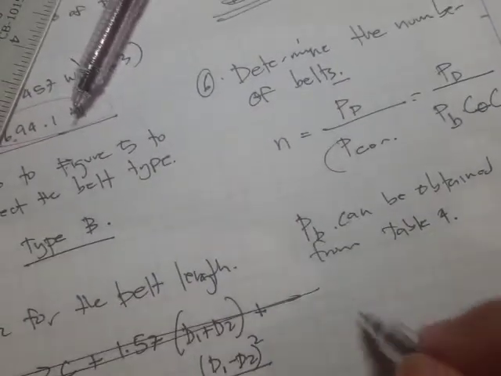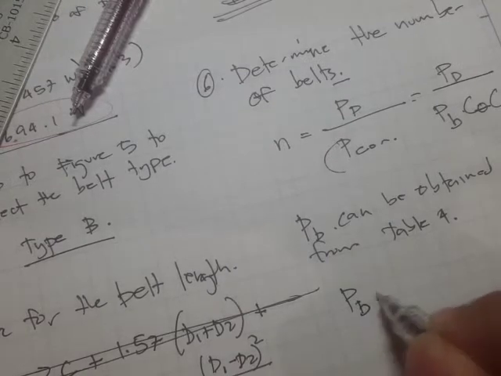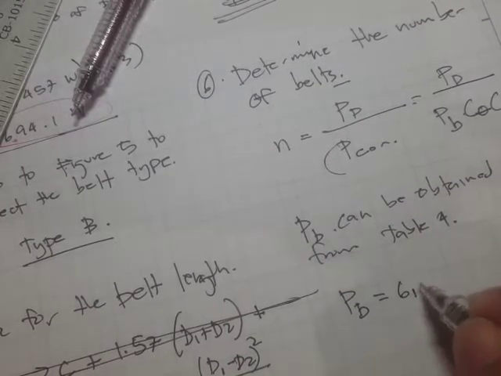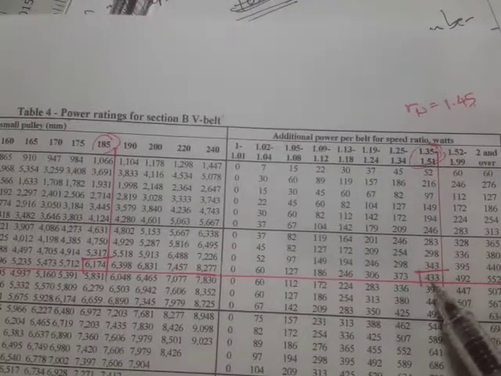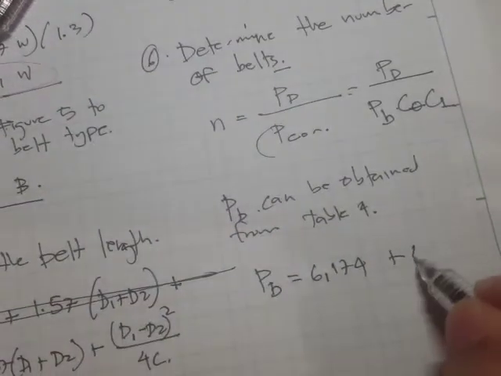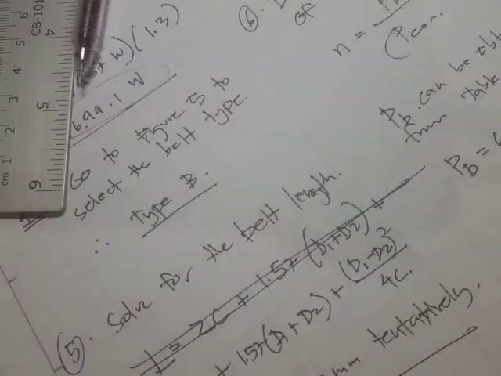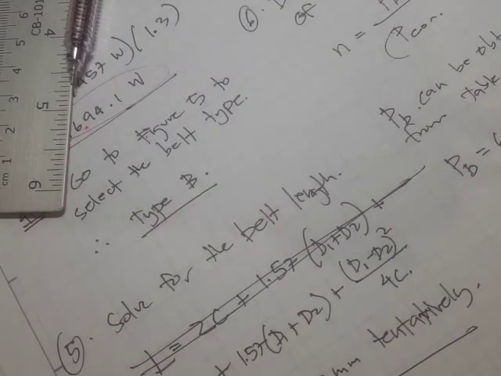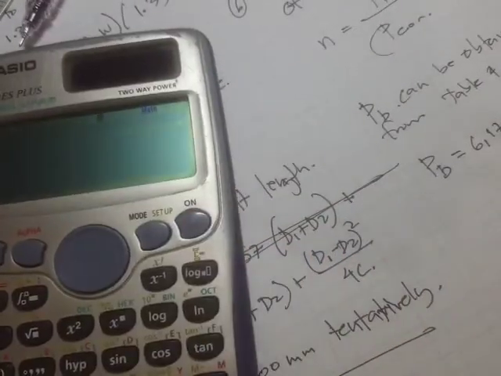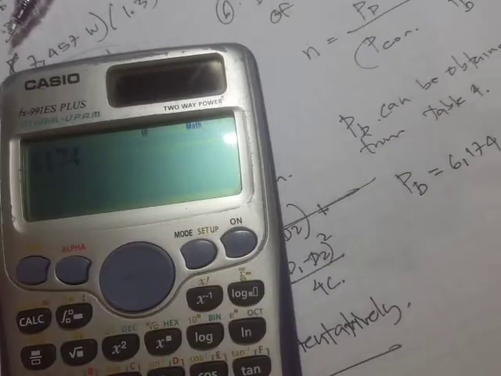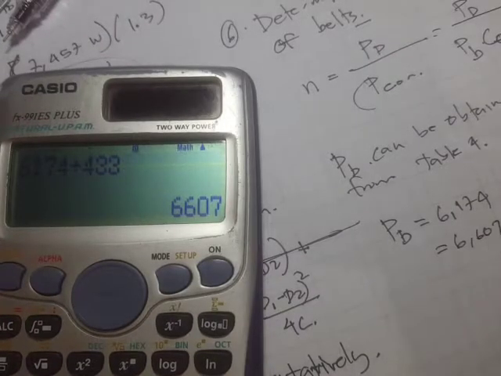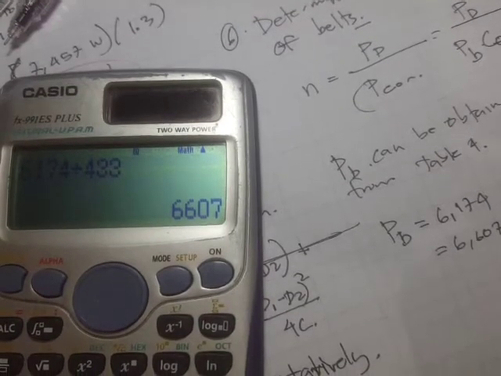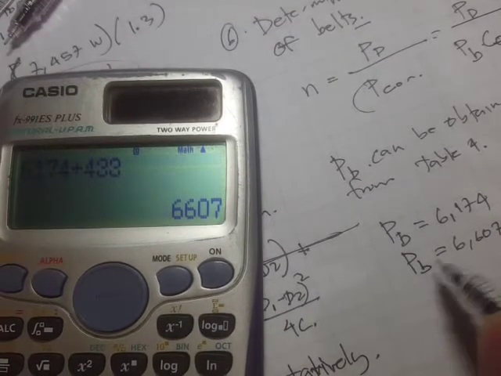Okay, so P sub B is equal to 6,174 plus this value, 433. That is 6,607 watts. And of course, this is only for one belt.